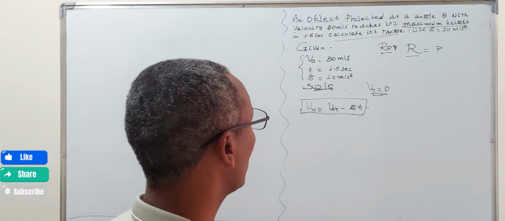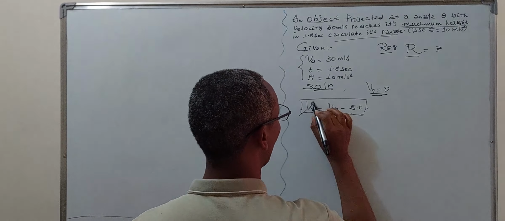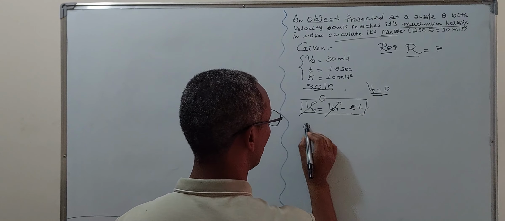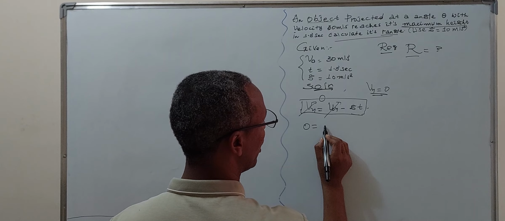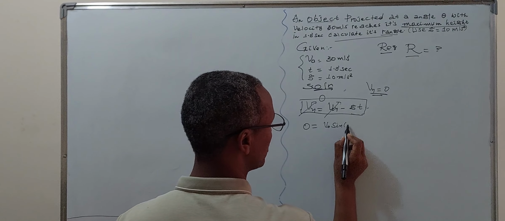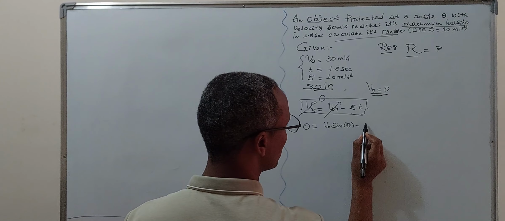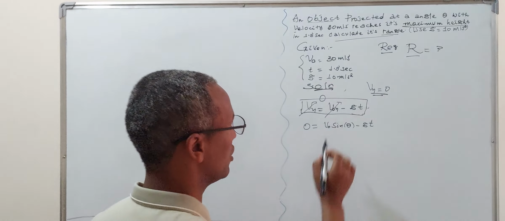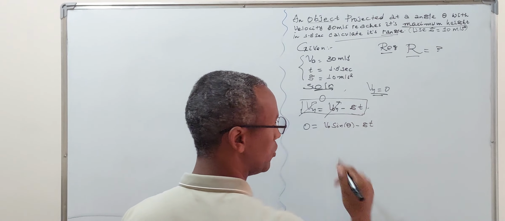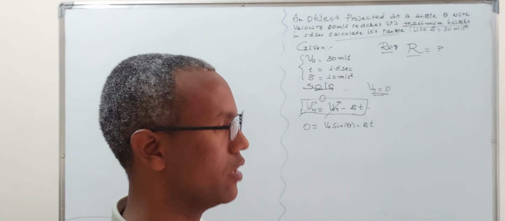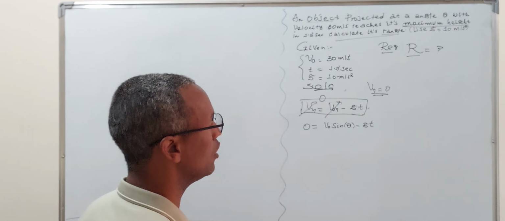From the previous session, this term goes to 0, so 0 is equal to V sub O sine theta minus g times t. I believe you are familiar with these terms. We discussed this in the last section, so you can refer to another video.